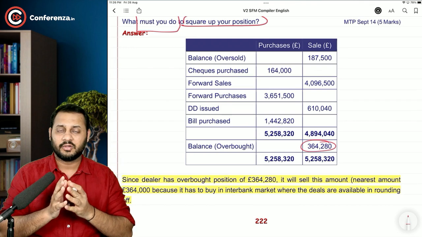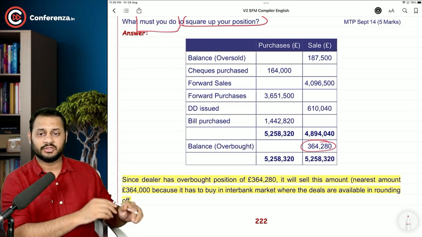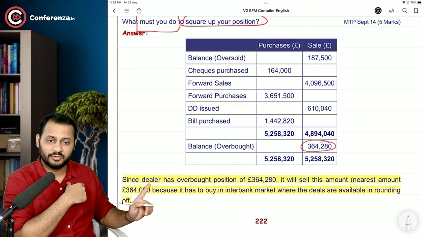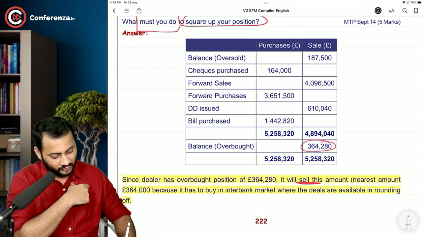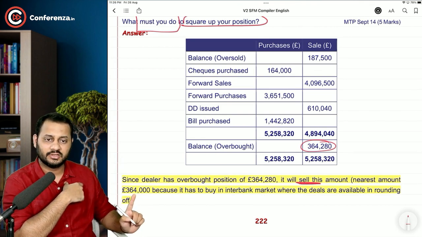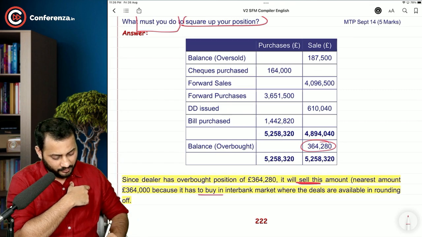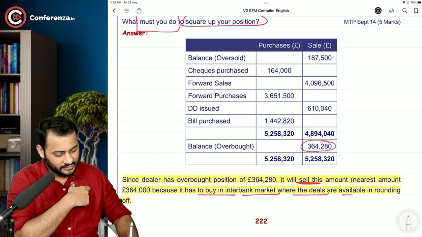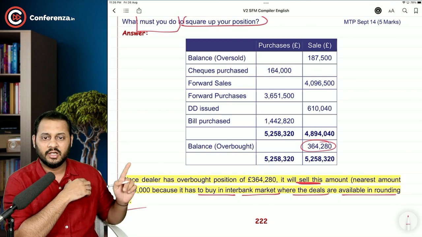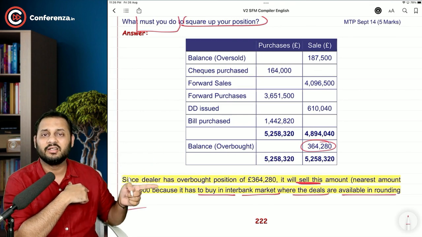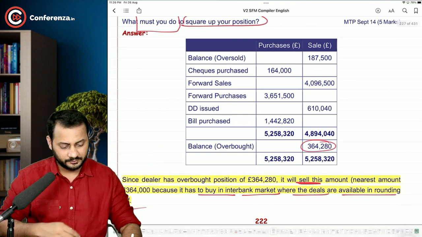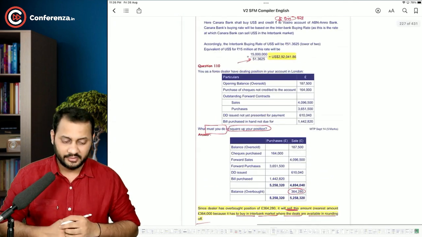Do not keep an overbought or oversold position. Since the dealer has an overbought position, it will sell this amount nearest to 3,64,000, because it has to deal in the interbank market where deals are available in rounded-off amounts. You have an overbought position, sell it in the forward market. That's it. Close it. Nothing else is required in this question now.